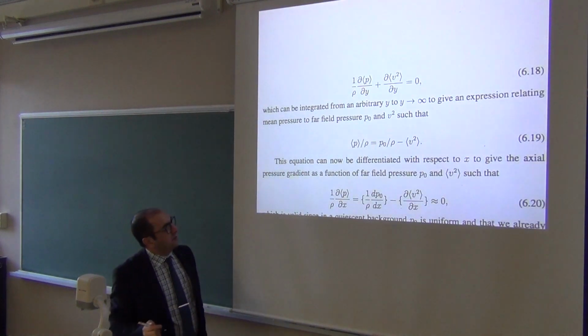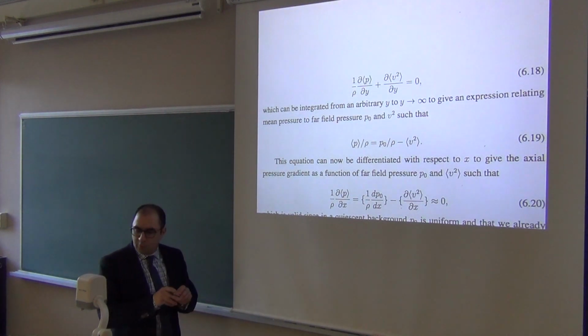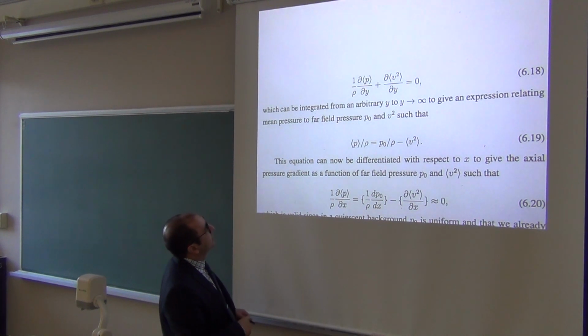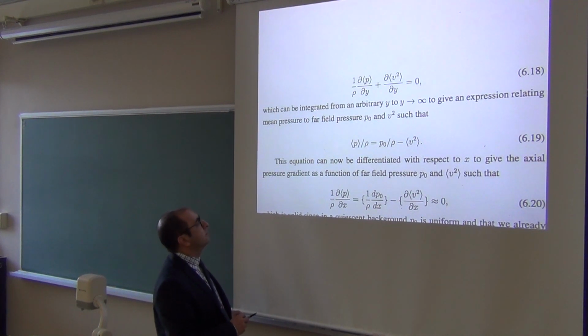I started with the V component because it was simpler, there were very few terms left. So the partial derivative of pressure with respect to y plus the partial derivative of the Reynolds normal stress component of v is equal to 0.